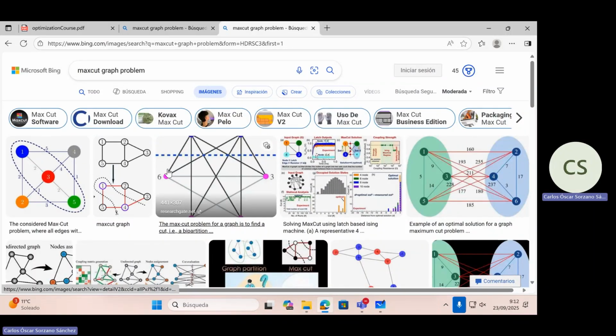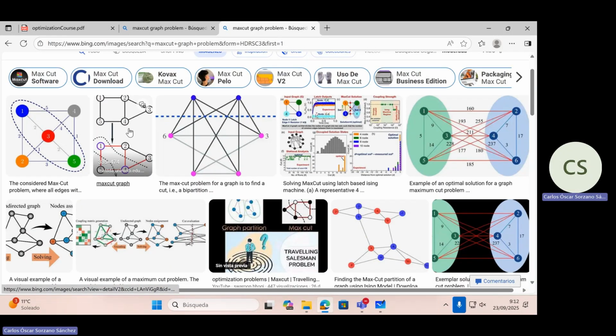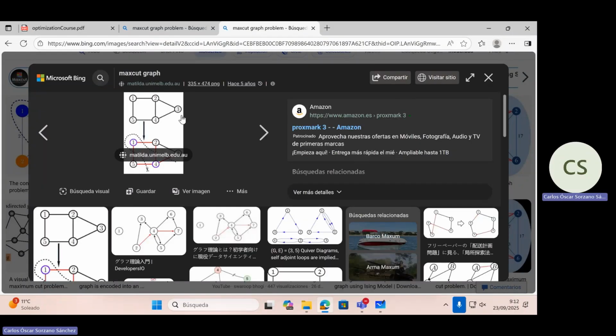So you're given a graph and you want to separate this graph into different pieces such that the edges that you are cutting, the weight of those edges, is maximum.